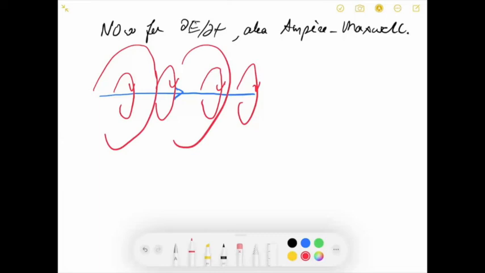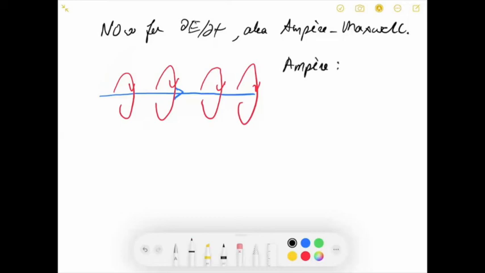That's not the point. So Ampere says that the closed integral of B dl is mu naught I over C.